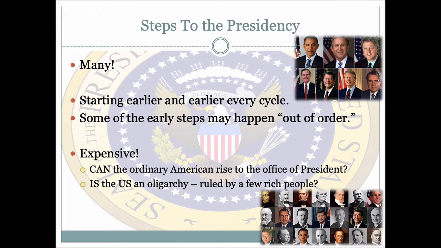We start to see things happening years before the election year, because it seems like we're in this constant cycle of campaigning. We're going to list the typical steps for an election, but sometimes these steps happen a little bit out of order. So if you're saying, oh, this debate happened before this primary, but you said it was the other way around, don't get too hung up on some of the intermediate steps.